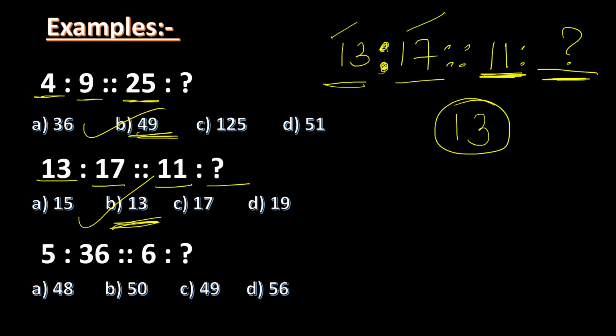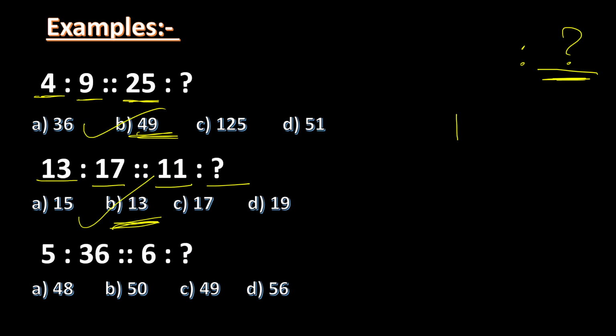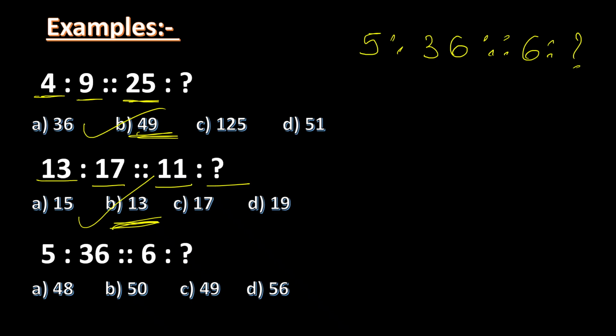Next one, students, we have 5 is to 36, 6 is to what will come? So we have 5 and then we have 36, correct? After 6, what will come? So what is the logic here? Remember the priority list?